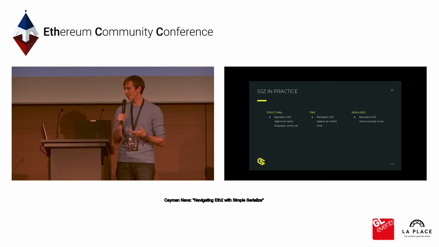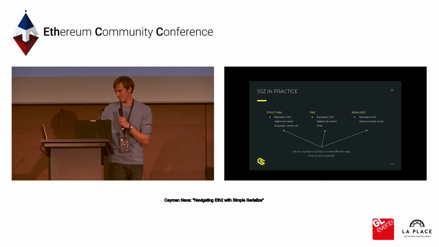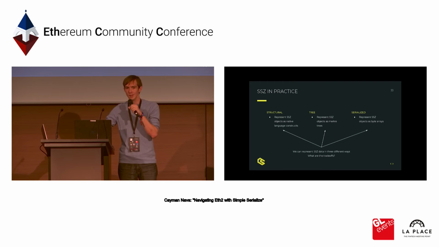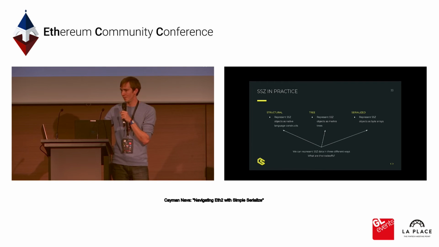And then there's a serialized representation where you deal with just a byte array. But all 3 of those could be dealing with the same object abstractly. You could be thinking of them as the same object. There are definitely different trade-offs to storing the data in these different ways, and it's really interesting to look at these 3 different ways because they have different trade-offs in practice.